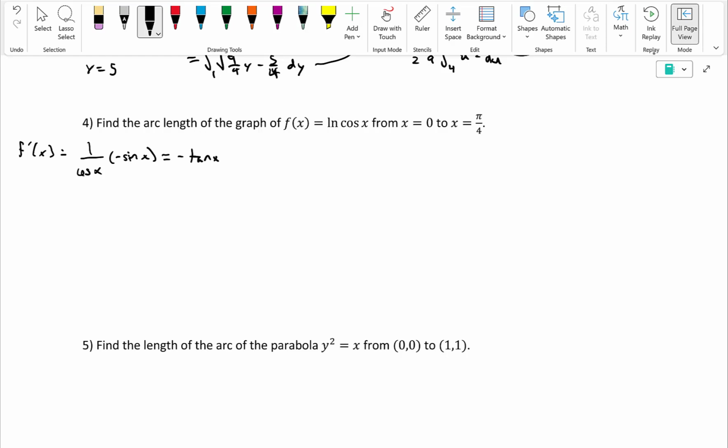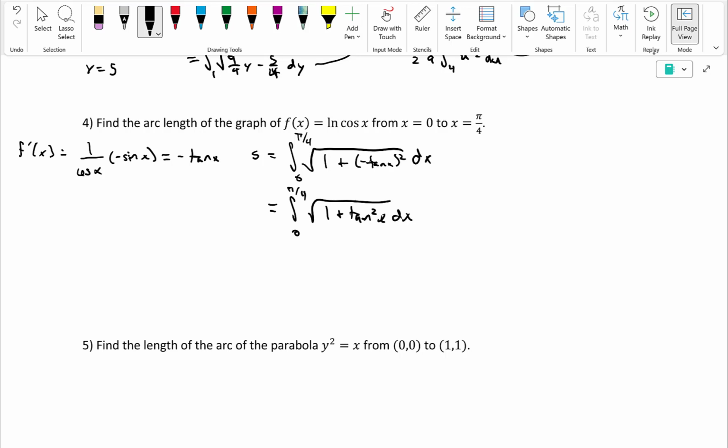And when we sub into our arc length formula, then we're integrating from 0 to pi over 4. We've got a square root of 1 plus, it's a minus tan x quantity squared, so just tan squared x. So our integral from 0 to pi over 4, underneath our square root, 1 plus tan squared x, and let me get all my dx's.